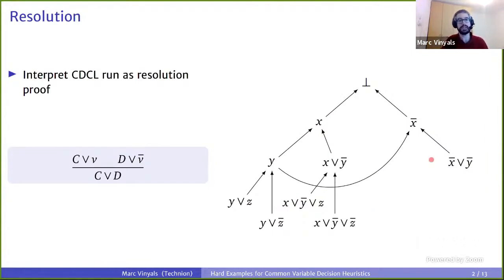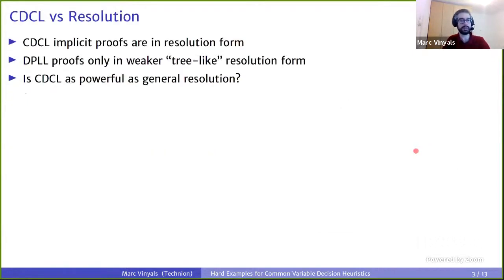Now, because this is CDCL and we have learning, we're also going to have some arrows that come from previous parts of the search tree into further parts of the search tree, like here. So the proof is not going to look like a tree, it's going to look like a general directed acyclic graph instead. And in fact, this is what distinguishes CDCL and DPLL in the proof complexity world.